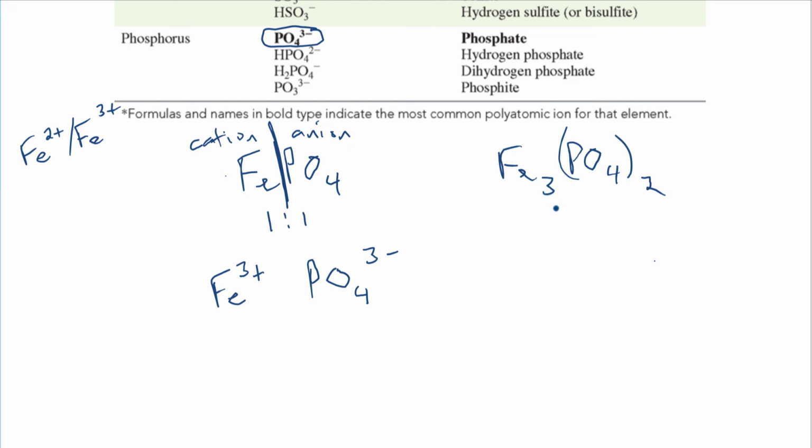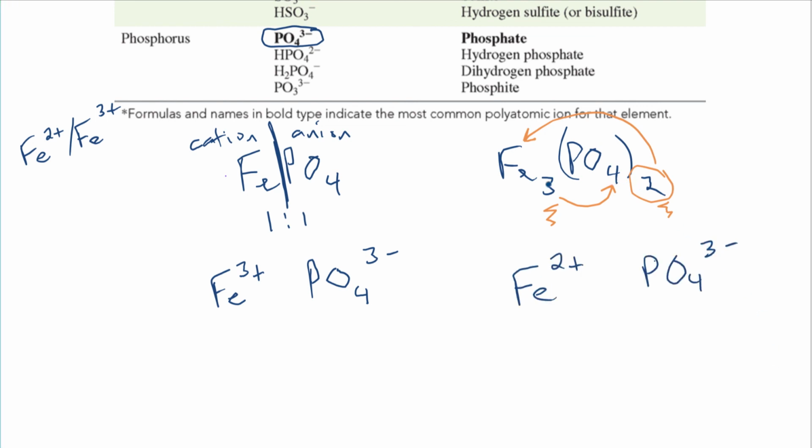How do we know that? Look at the subscripts here. What did we say earlier? The subscript associated with the anion can tell you the charge on the cation, and the subscript associated with the cation can tell you the charge on the anion. We see that here.